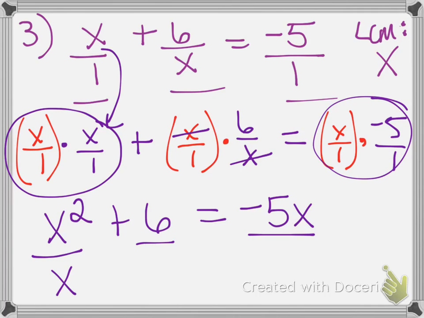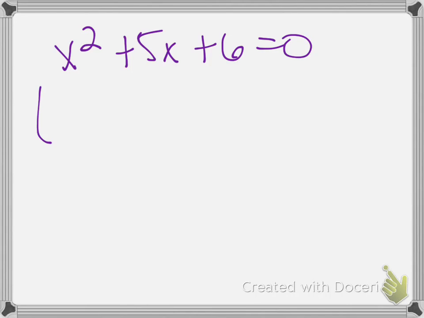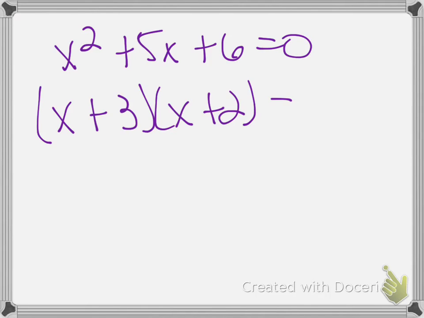So I'm going to leave my x squared on the left, move my 5x over, and then I have plus 6 equals 0. So x squared plus 5x plus 6 equals 0. You'd want to do your x method, so I'd get x plus 3 times x plus 2. And when I go to solve, I'll get x equals negative 3 and negative 2.